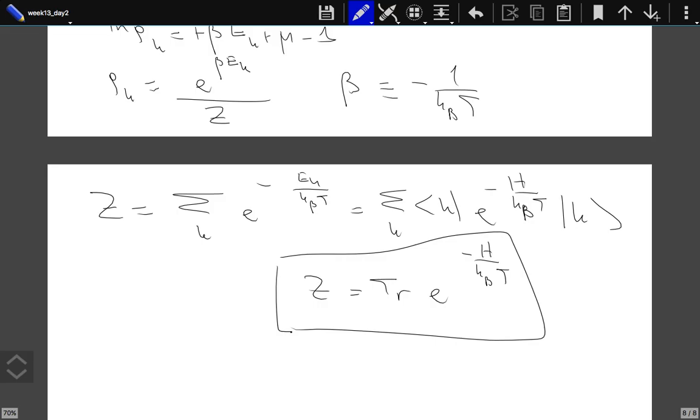So you can basically build all your statistical physics starting from this density matrix. Any questions?